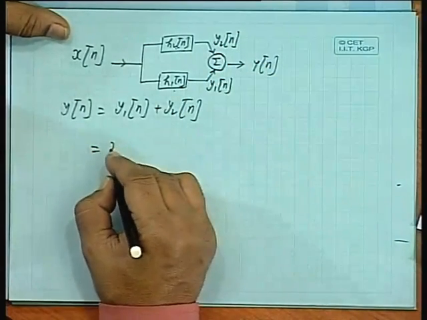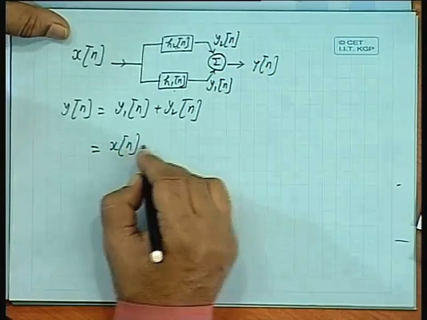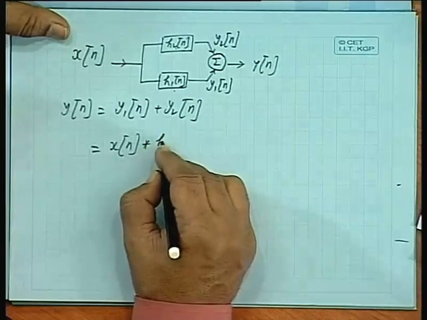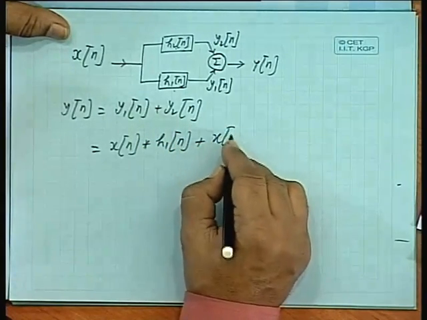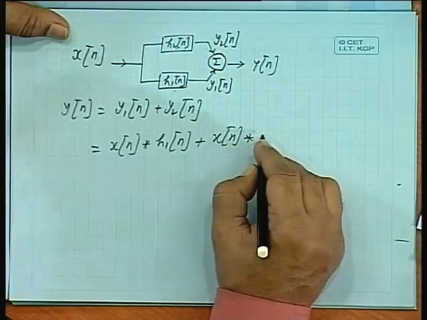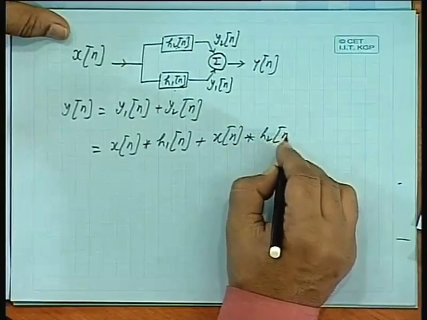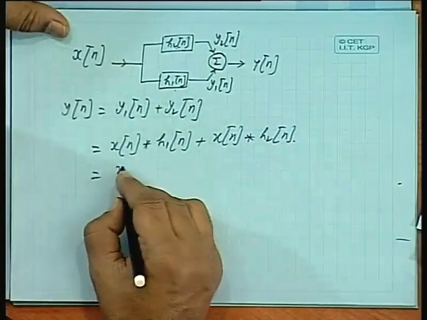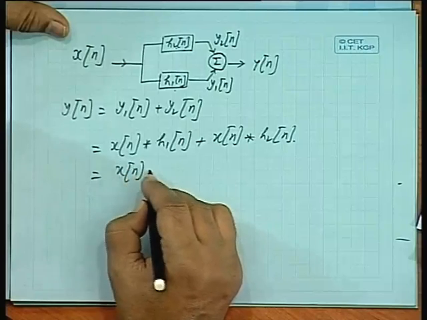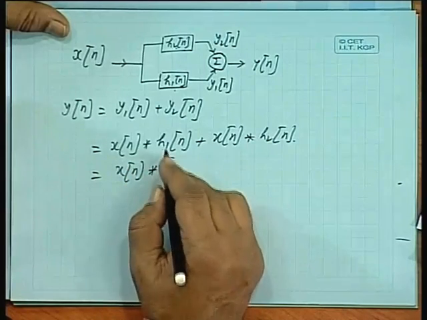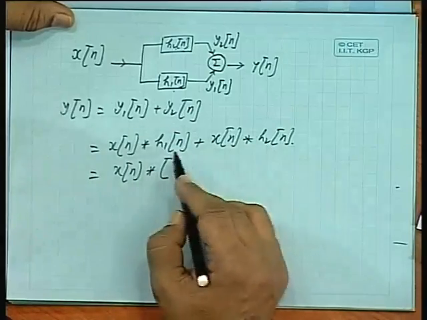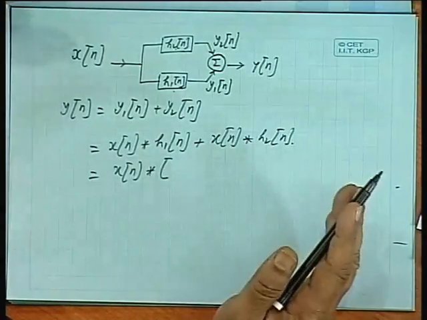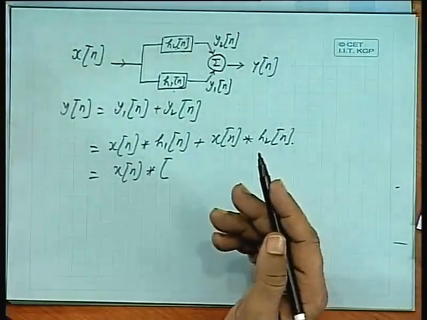then this is xn star H1 plus Xn star H2. So, that is same as Xn star, if you take term by term, you will find the sequences H1 and H2 are basically added and convolved with Xn.